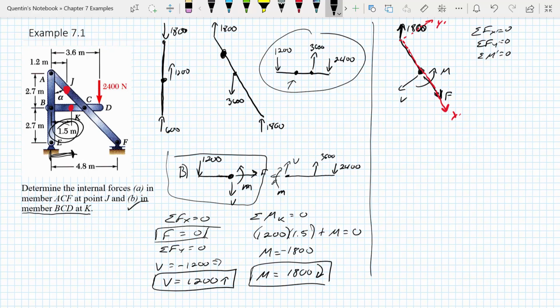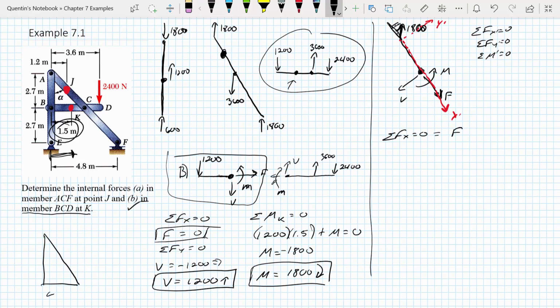Let's go through and define this 1800. Basically, sum of my forces in x equals 0, which is true. So it's going to be F, and then what is the x component of this? Now we're looking at breaking this force into this and this, so we have to figure out the angle. Coming over here, we have this triangle.